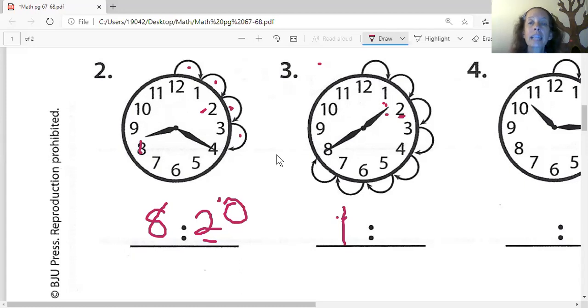And now we need to count in increments of 5 all the way till we get to this hand. So here we go. 5, count with me, 10, 15, 20, 25, 30, 35, 40. There it is, 1:40, that's the time.